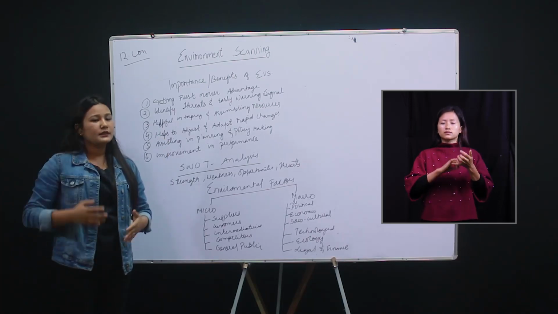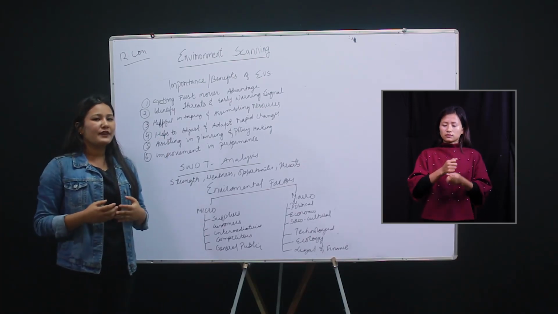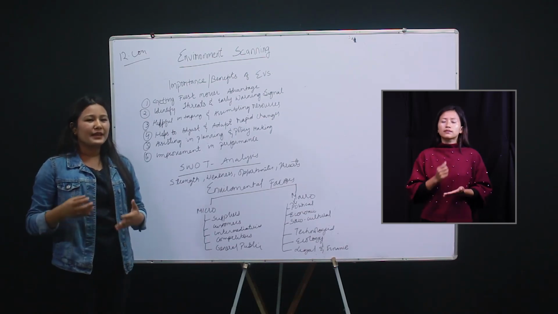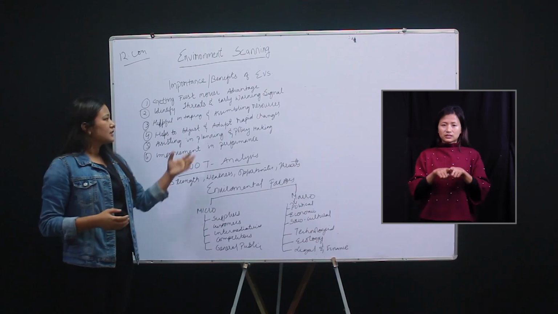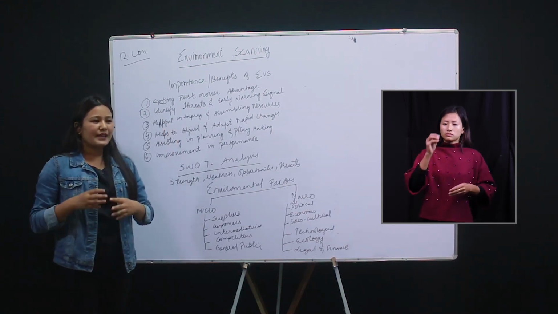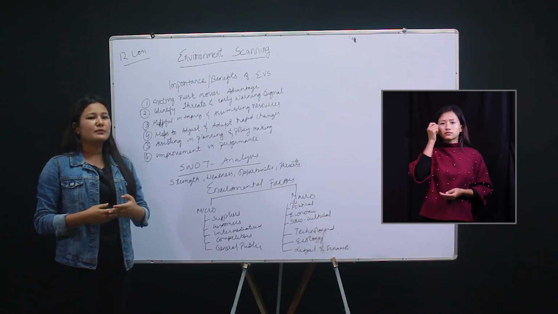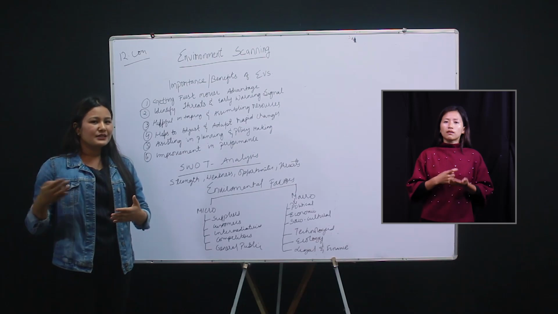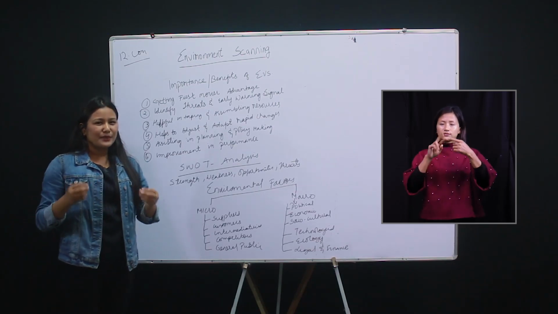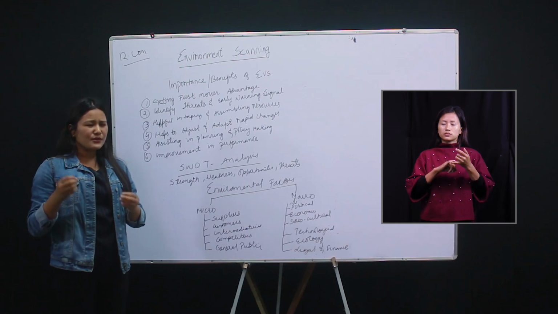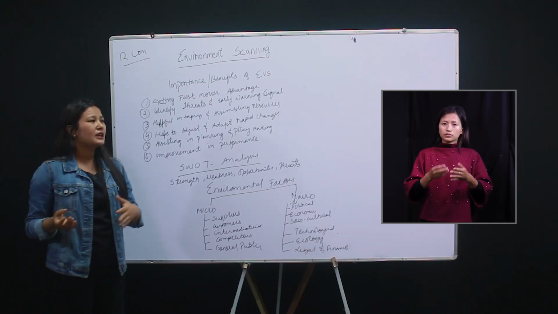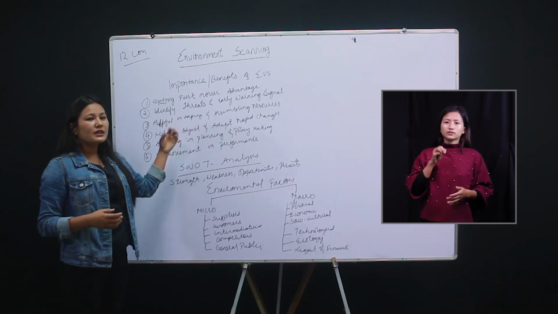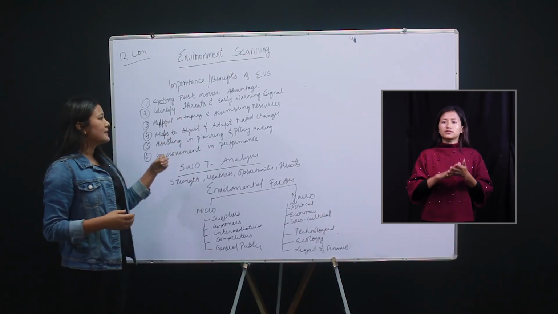For example, the demand for flat TVs has increased rather than the demand for black and white TVs. So an entrepreneur needs to scan the environment, understand the needs of the people, and then tap the resources for colored TV production rather than for producing black and white TVs. If we scan the environment, we can tap the resources at the earliest stage.